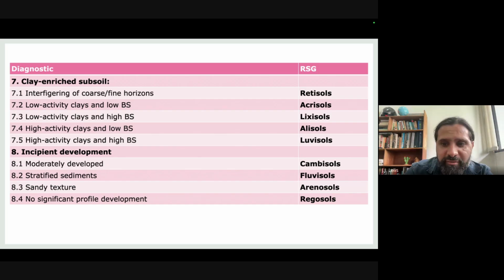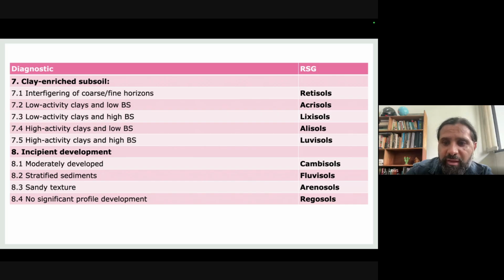And we have some soils with incipient development, some soils that register a weak formation of soil but still have soil. First of all, those soils that are moderately developed, so we have some B horizons, Cambisols. The others, soils without a B horizon, or at least without a diagnostic horizon that could be classified as a B horizon, okay?